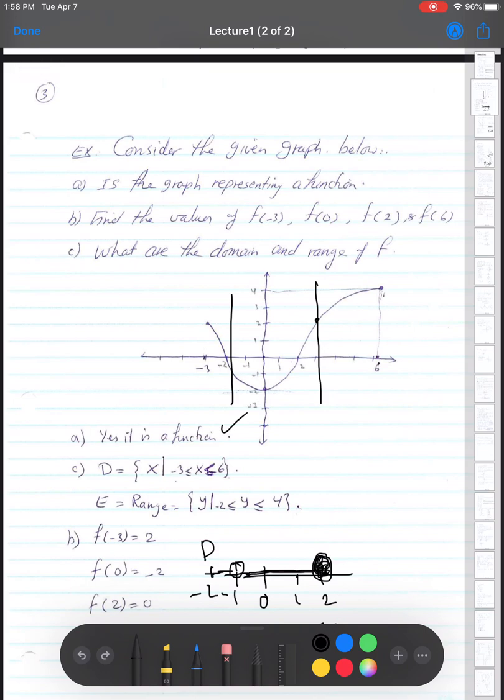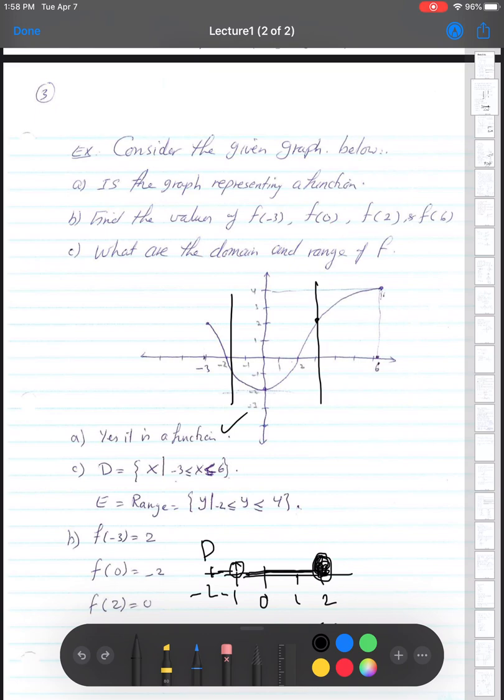Now we'll try to find the domain and range. So the domain is: x is greater than or equal to -3, and less than or equal to 6. So -3 to 6, that's the domain of the function, and the range is the min and max values. The minimum value we have is -2 and the max value we have is 4.